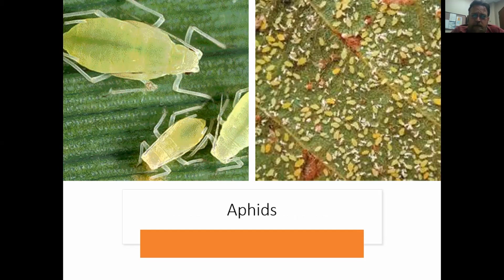And aphids, like all true bugs, suck plant sap out of the plants with a needle-like mouth part, and they can grow to very, very high populations very quickly because they can do something called parthenogenesis. In parthenogenesis, the female aphid can give birth to more female aphids without a male ever being involved, which allows their population to grow very, very quickly.